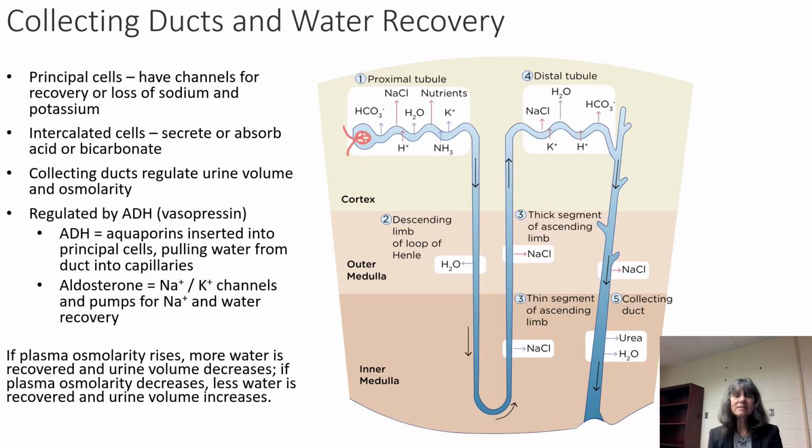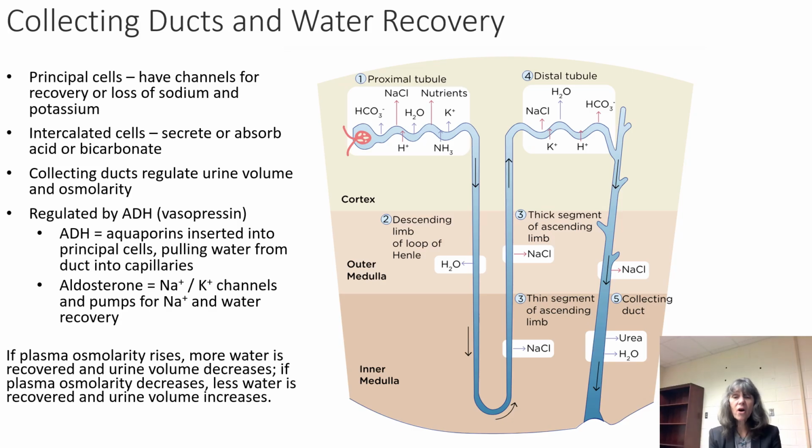And the collecting ducts, again, are basically going to regulate urine volume and osmolarity. They are regulated by antidiuretic hormone, which will insert aquaporins into those principal cells, pulling water from the collecting ducts, moving it back into the capillaries and into our bloodstream.